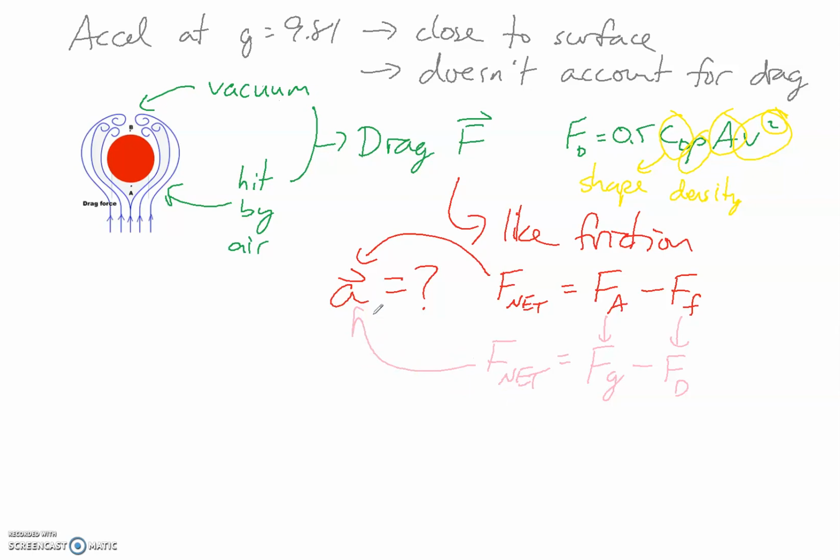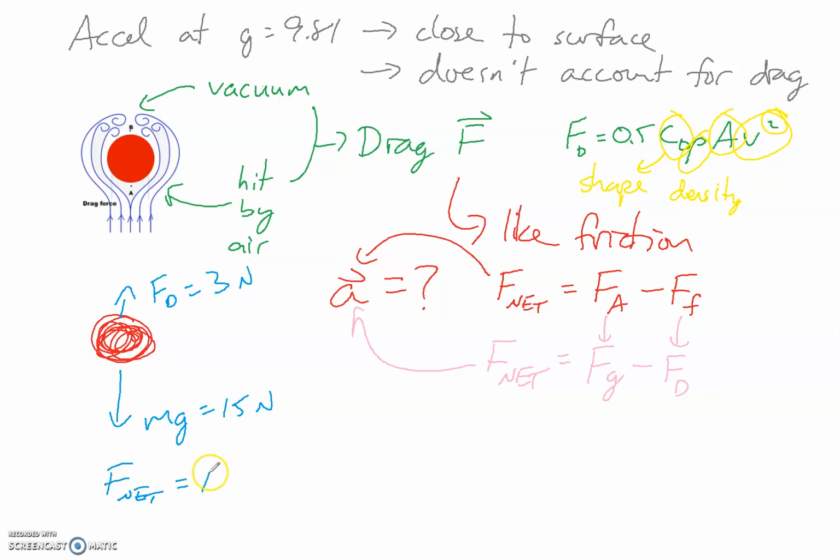Okay, so it's relatively simple. Suppose in this question right here, we've got the red ball. Really simple. Suppose the weight of the ball, that'd be mg, is 15 newtons pulling it down. Then you find the force of drag, and you calculate the force of drag is 3 newtons. To find F net is really simple. Just take the 15, take away the 3, and you'd have 12 newtons of net force.